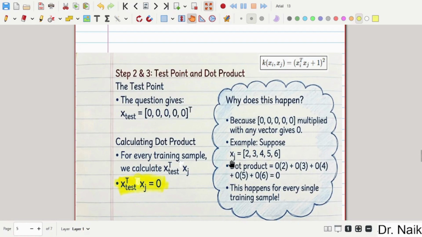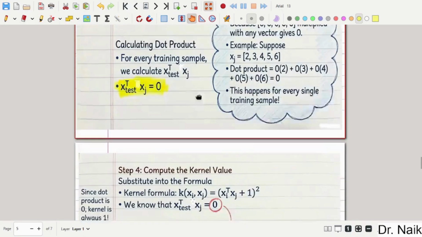Suppose our xj is a row vector with entries 2, 3, 4, 5, 6. If we multiply this xj with the zero vector x test, then 0 multiplied by 2 plus 0 multiplied by 3 plus 0 multiplied by 4 plus 0 multiplied by 5 plus 0 multiplied by 6 all give us 0. This happens for every single training sample in this example.